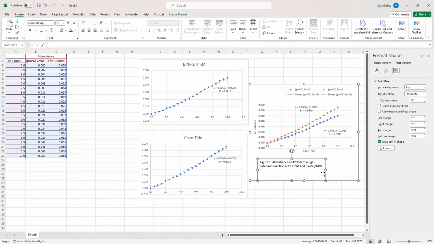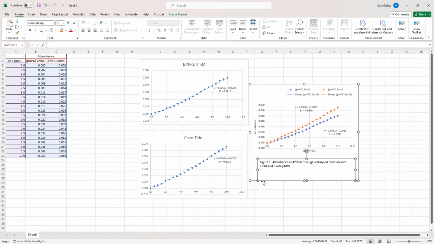Wrap my text in here so it's going to stay where I want it. And let's go ahead and make sure that is concentration. And then we can add in that the 2 millimolar is in blue and the 5 millimolar is in orange. And this obviously is up to you how you want to word this, but there we go.